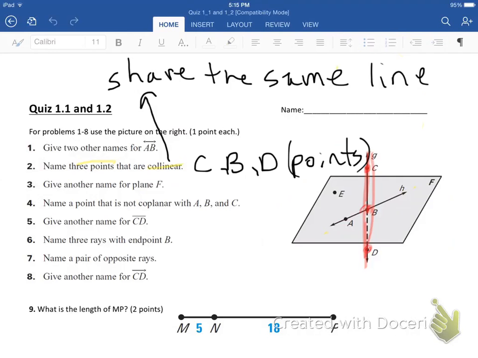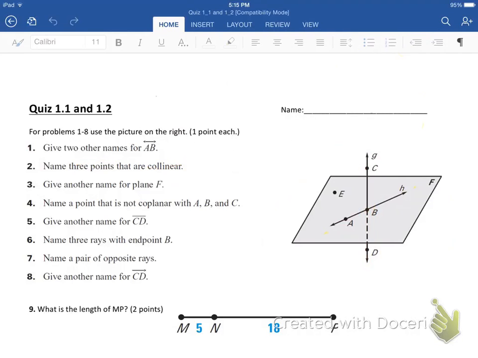Okay, so I'm going to pause it. I'm going to erase that. Okay, number 3 says give another name for plane F. There's plane F in the name, and this is plane F here. How do I know? Because there's plane F. It's not a point there.